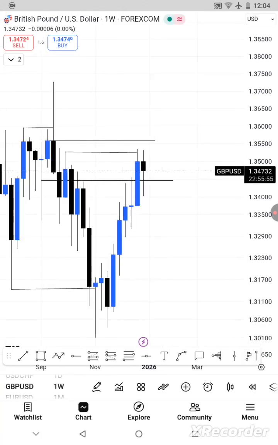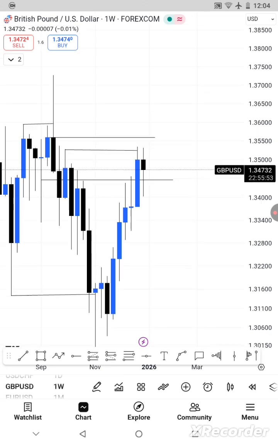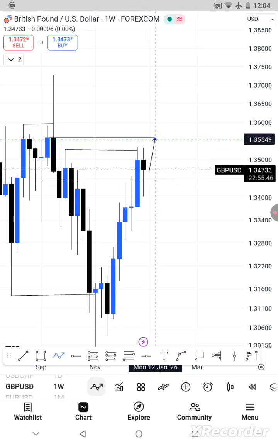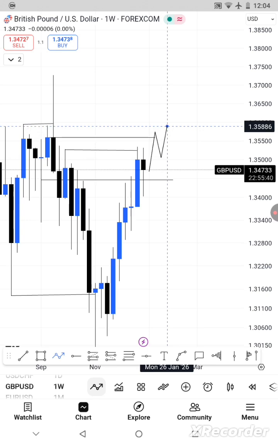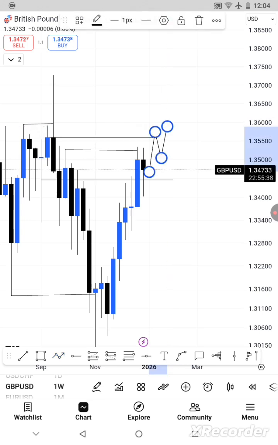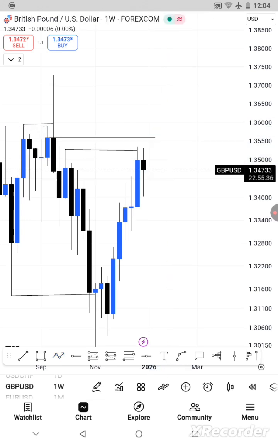So we are expecting the market to take out this high and tap into this POI. Then we can see any form of retracement in the future. But right now our main focus is the market tapping on this POI.